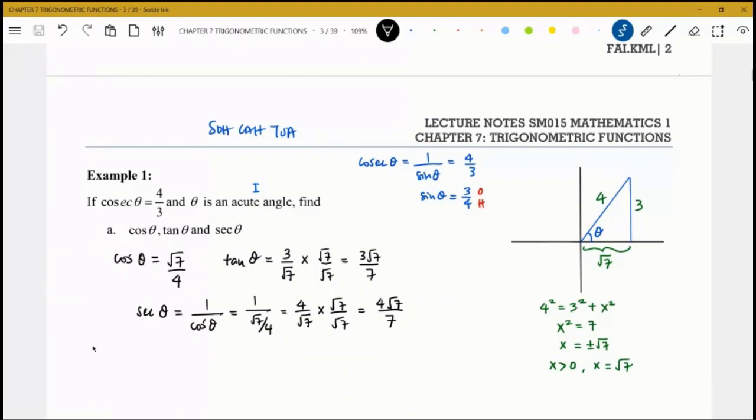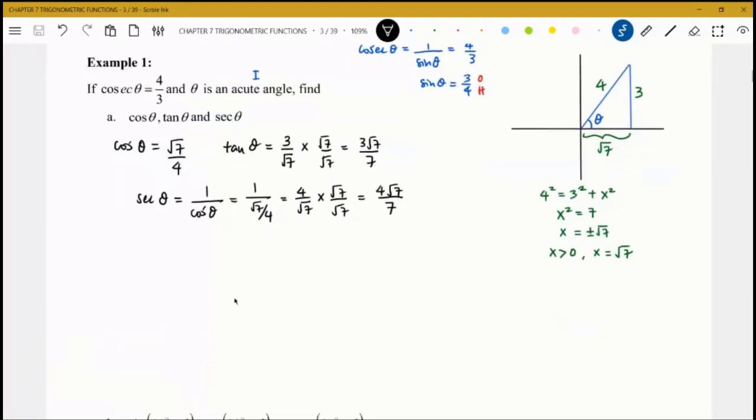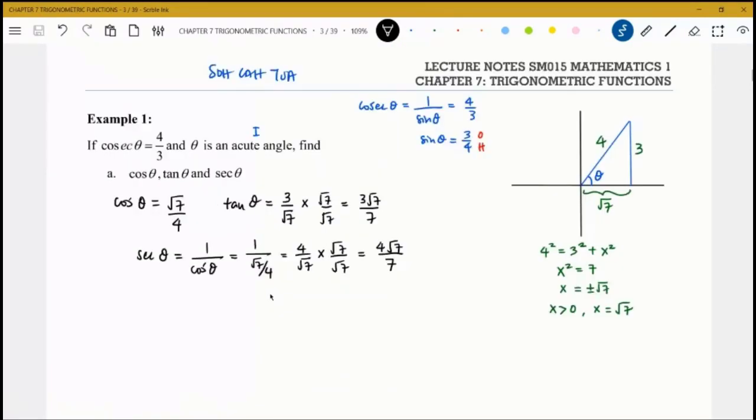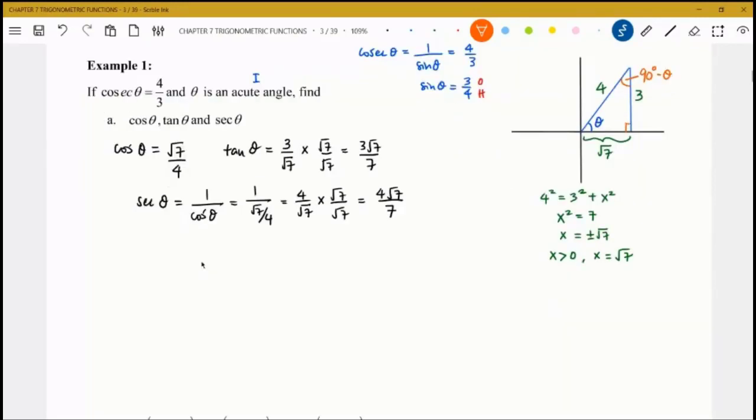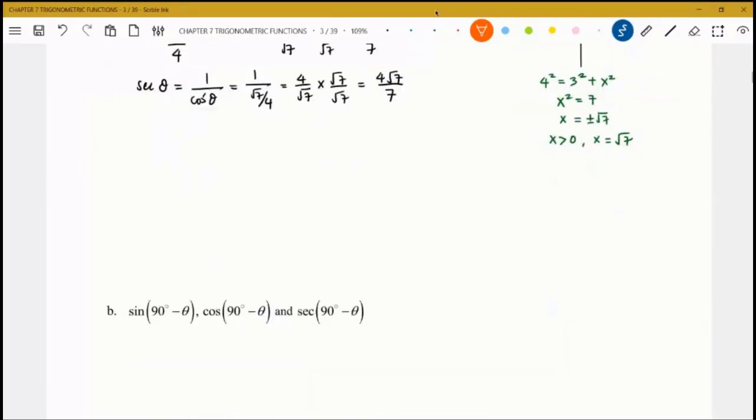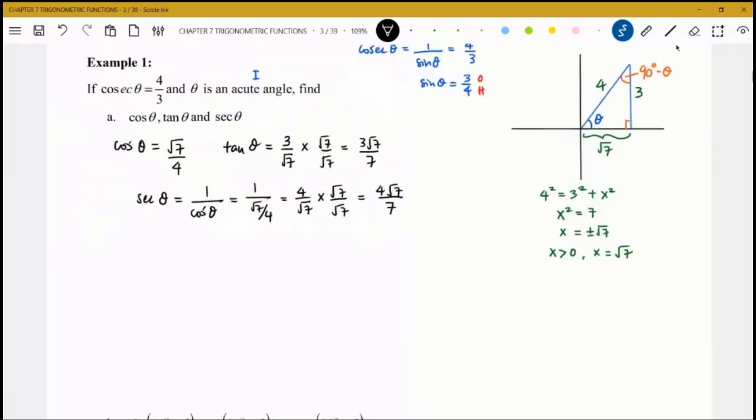Okay, part B where we have to find the trigo function for the complementary angle 90 minus theta. So 90 minus theta where we have it here, sebab di sini should be right angle. So to find sin 90 minus theta, sin 90 minus theta is the same thing as opposite over hypotenuse of this one.